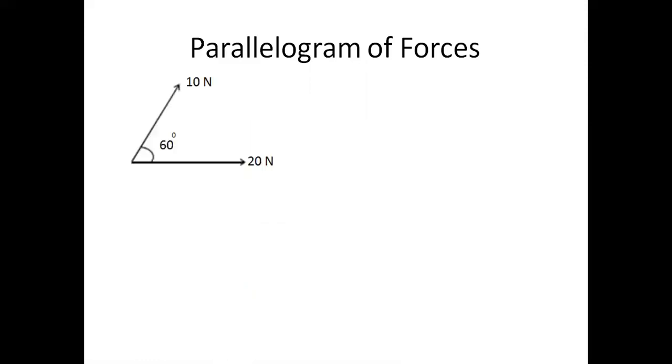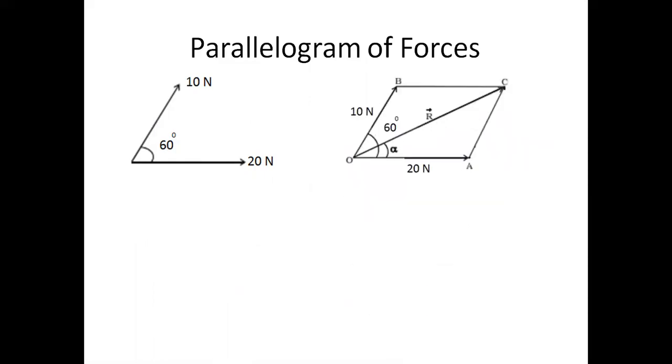Now, how to do this? According to the parallelogram law, we have to construct a parallelogram by representing these two forces as adjacent sides of a parallelogram. This is 20 newtons and this is 10 newtons, and we have to draw a line from A parallel to the 10 newtons.